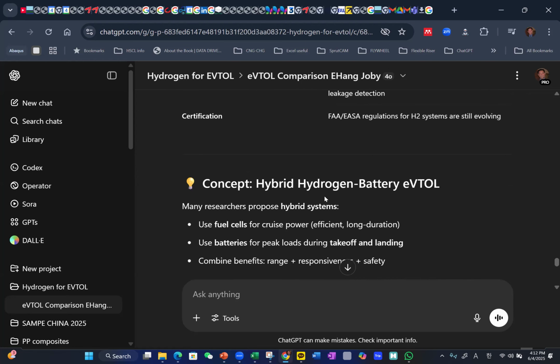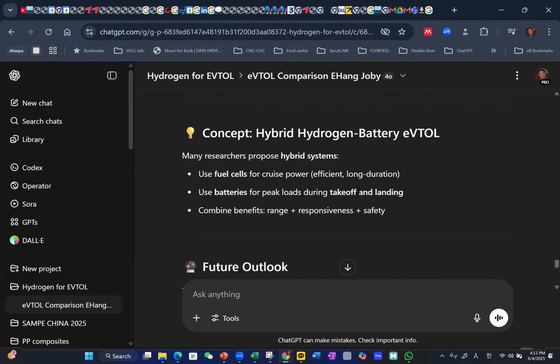Concept: hybrid hydrogen battery. Well, there can be another system called hybrid. Hybrid means that we will have hydrogen gas and battery together.